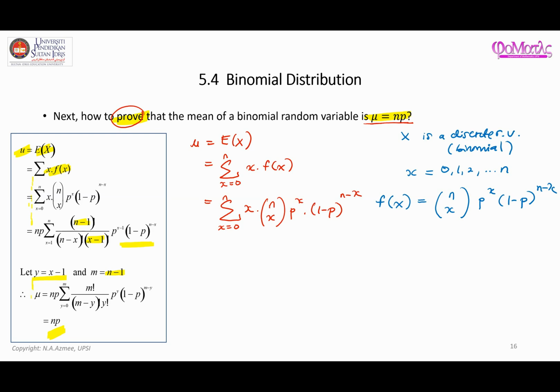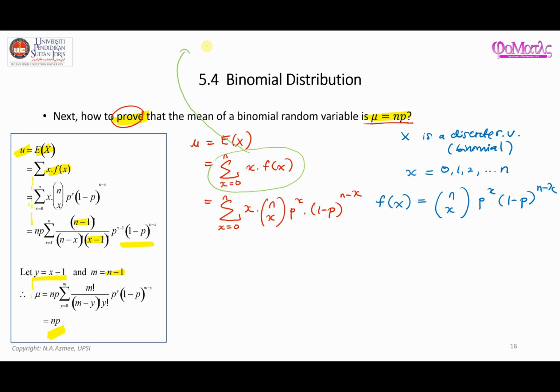Now before we go on further, let me just focus a bit on this part here. What does it mean really? So the whole process here is actually substituting the values of x accordingly from 0 until n.